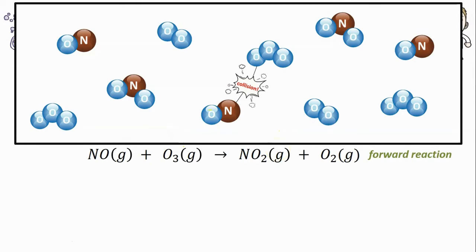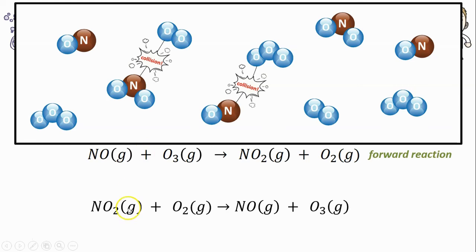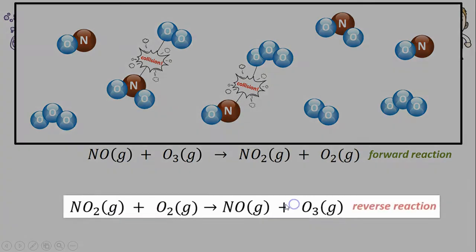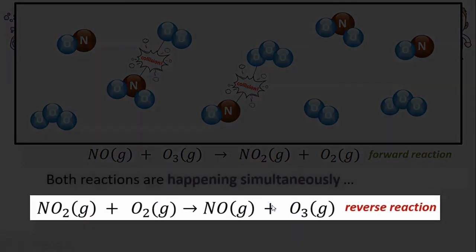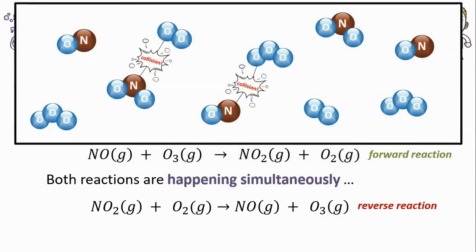But also in this container, I've got NO2s and O2s, and sometimes they'll be colliding with each other. And like we saw before, if an NO2 collides with an O2, it's going to turn back into the reactants NO and O3. Since this is the reverse of the reaction, the way it's written here, we call that the reverse reaction.